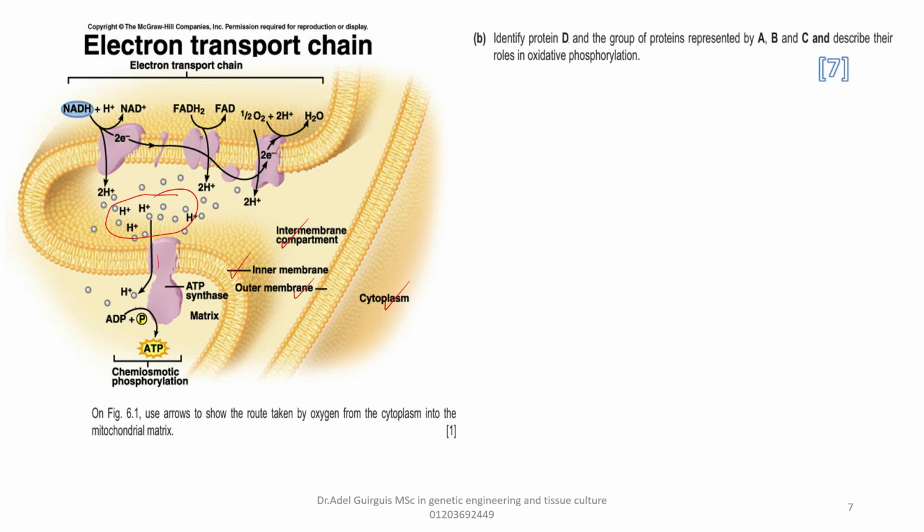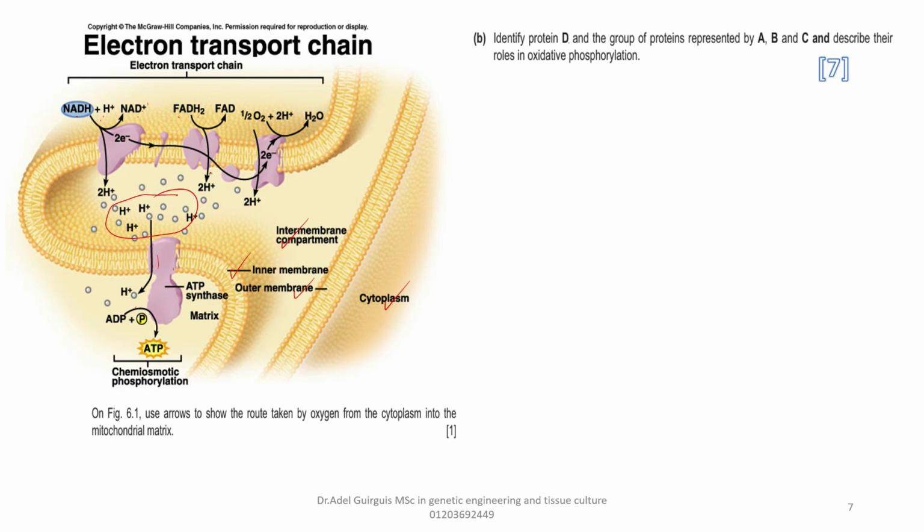What about the other proteins A, B, and C? All the proteins with purple color embedded in the inner membrane act as proton carriers, or electron carriers, where NADH releases its electrons and its protons to change into the oxidized form NAD+.